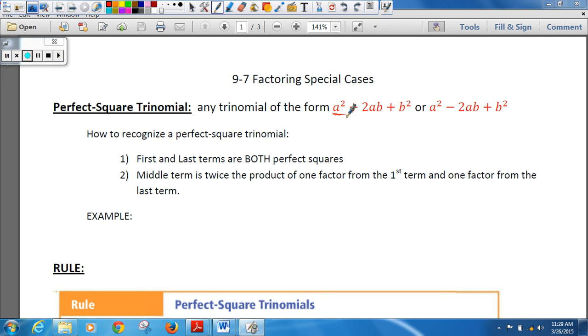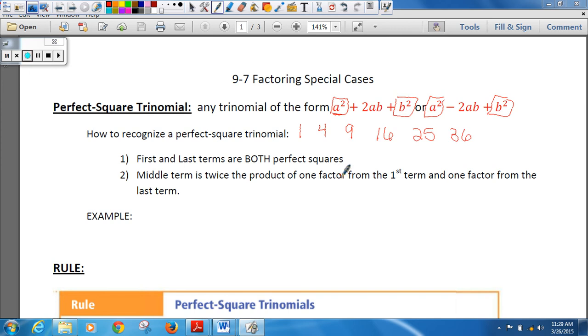The first and the last terms, no matter what their signs are, are going to be perfect squares. Remember, perfect squares are like 1 squared is 1, 2 squared is 4, 3 squared is 9, 16, 25, 36, and keep going. Those are all perfect squares. So those are the numbers you're looking for.